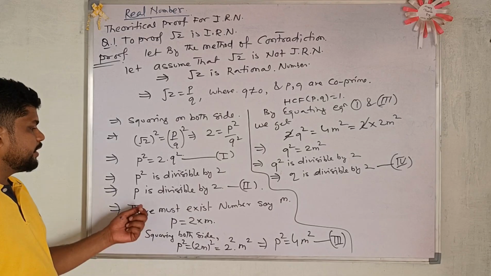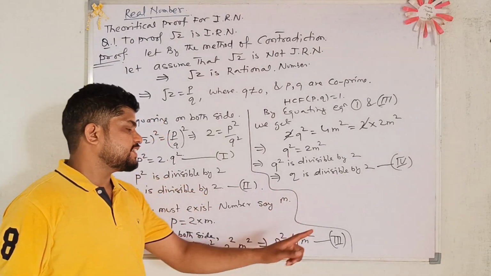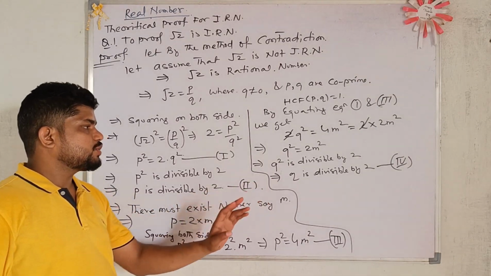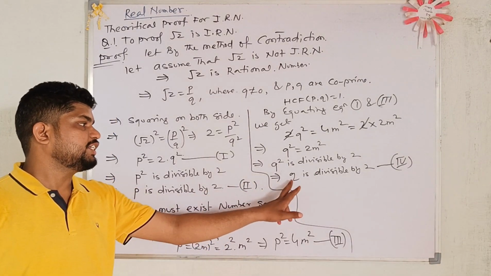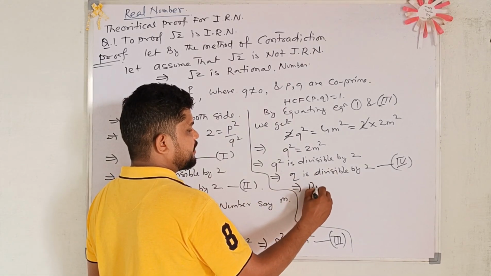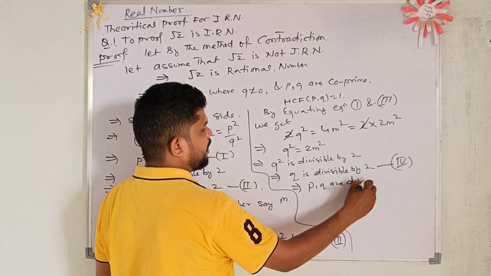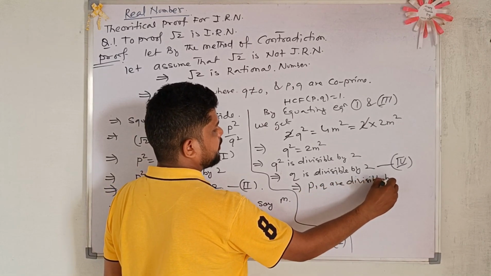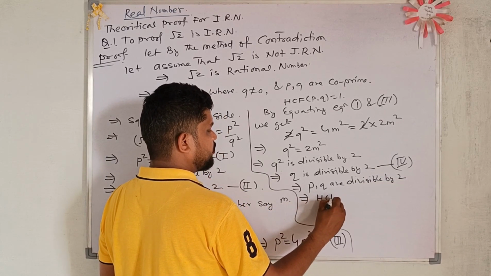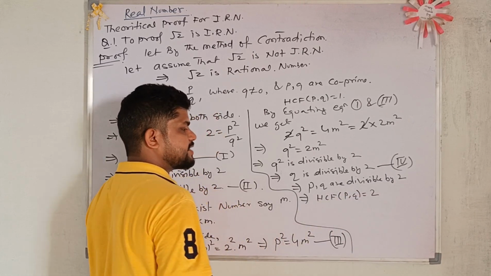Here, equation number 2 says that p is divisible by 2, and equation number 4 says that q is divisible by 2. When we combine that, p and q are divisible by 2. This means the HCF of p and q is 2, isn't it?